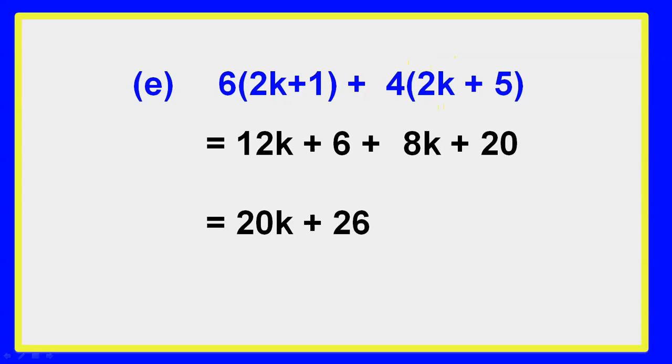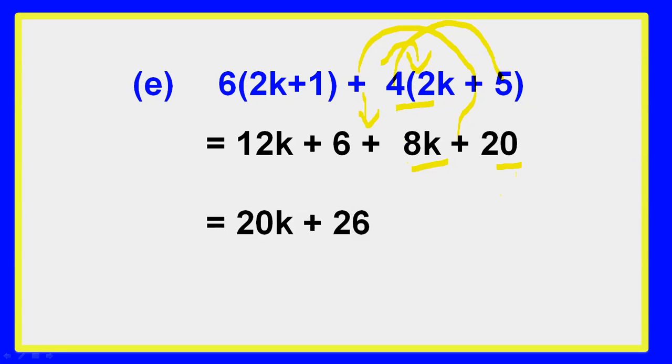So when I'm collecting 4 by 2k, it's 8k, and the plus sign will be as it is. Now again plus multiplied with plus is plus, as it is, 4 multiplied with 5, that is 20.